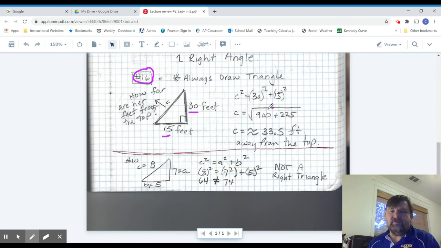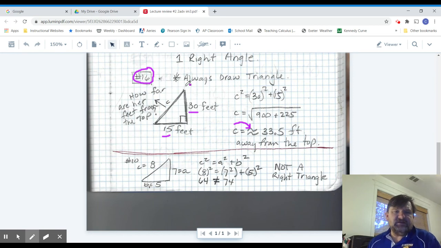And you kind of do the math, use your calculator, use Desmos, whatever you need to do. And this sign right here is approximately. So C equals approximately 33 and a half feet away from the top. So her feet are 33 and a half feet away from the top.